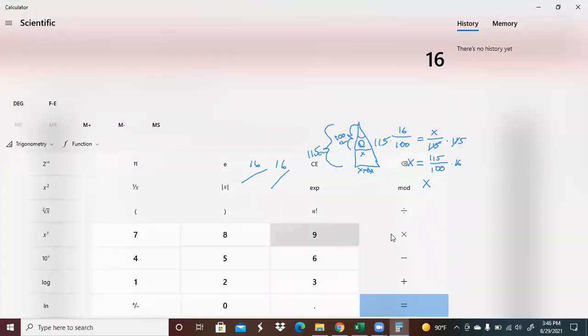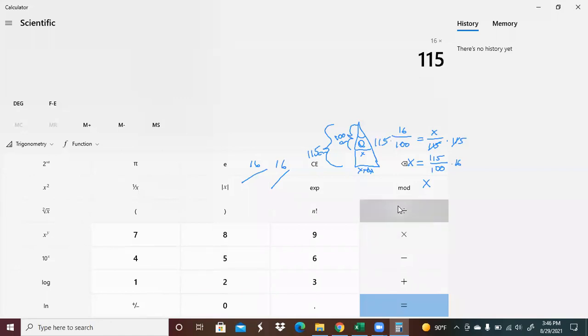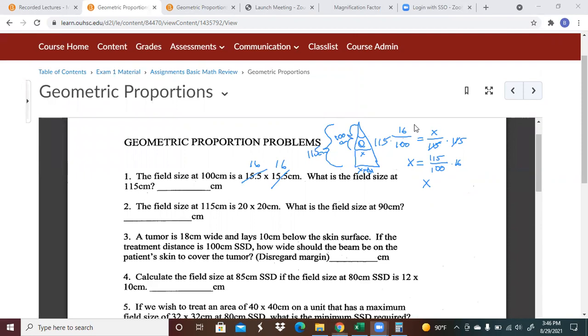So 16 times 115 divided by 100 turns out to be 18.4. So that'd be the answer to the first problem.